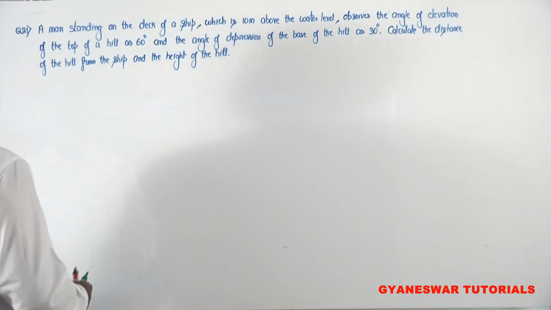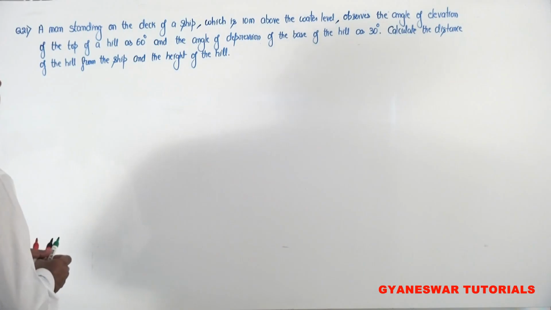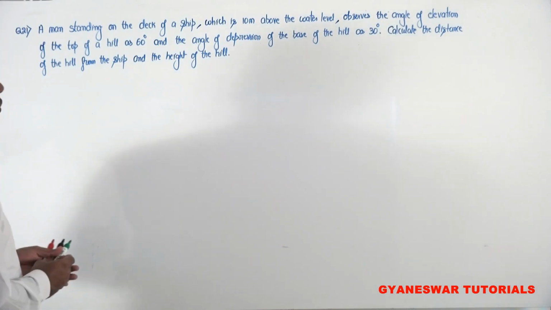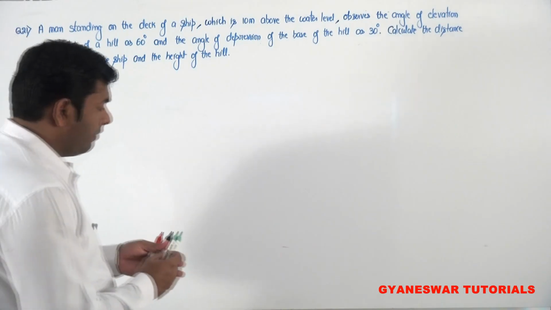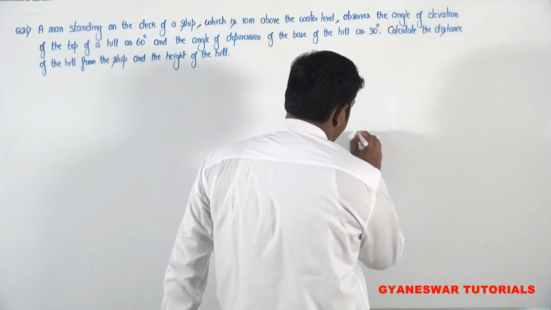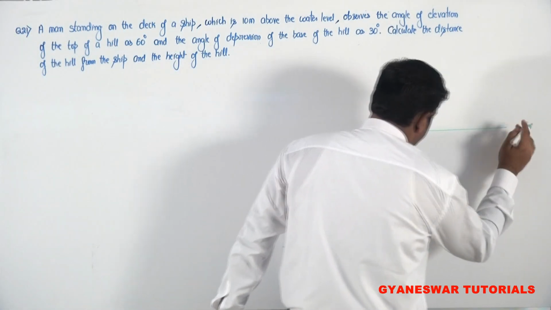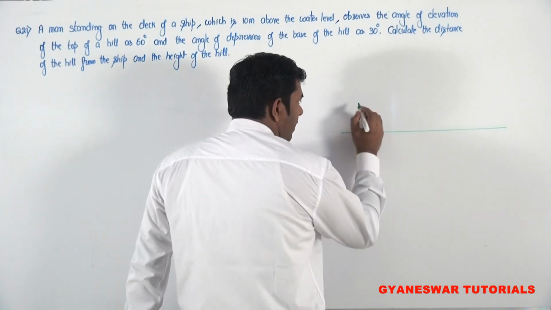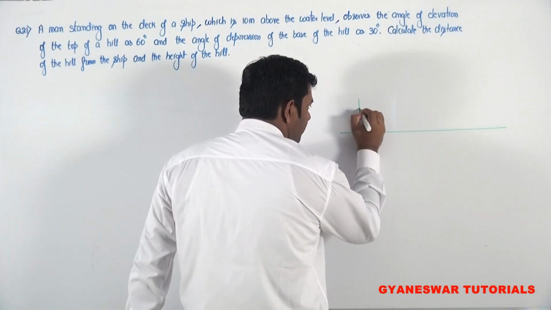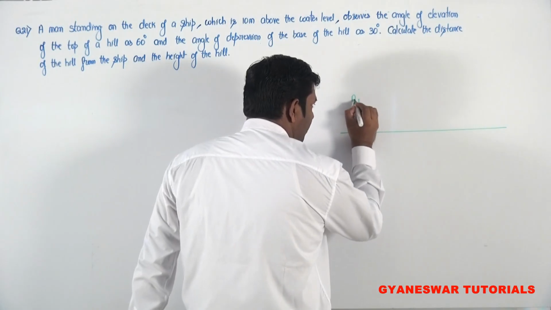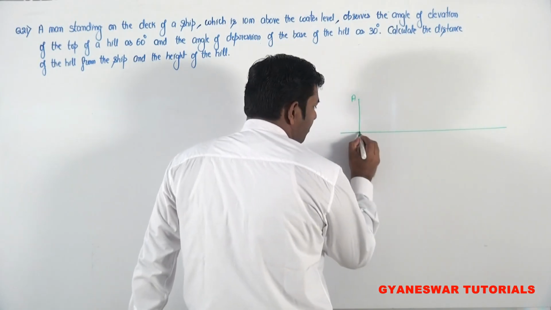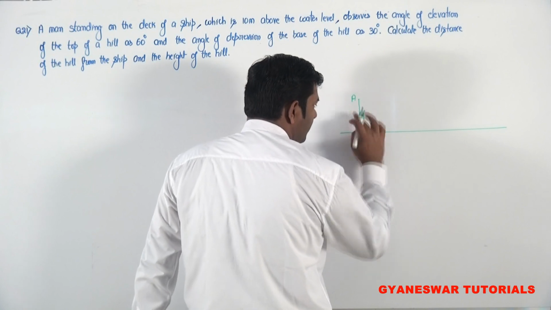So the question is, a man standing on the deck of a ship which is 10 meters above the water level. This is the water level. Let us assume this is the deck of the ship, B is the bottom of the ship.